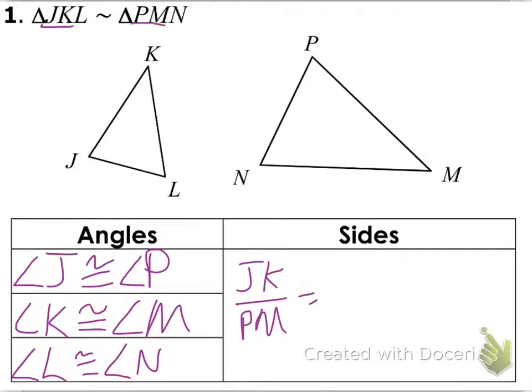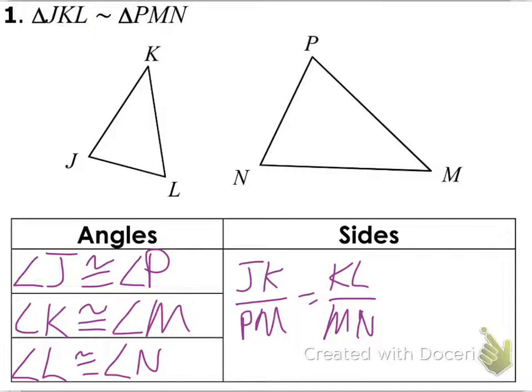And then we have the two last letters, KL, and that's got to line up with MN. So then we can write KL is going to be proportional to MN. There we go.